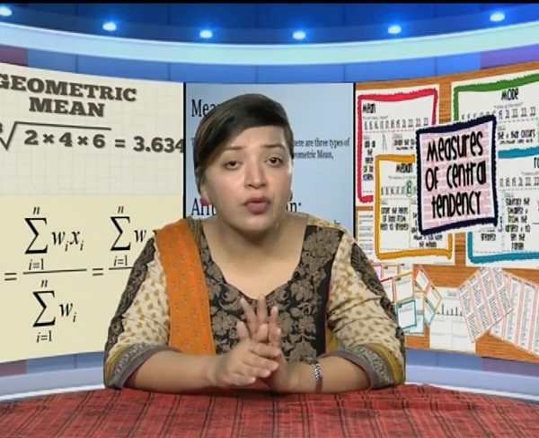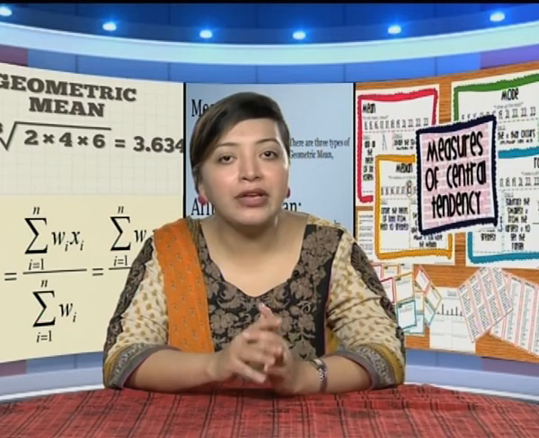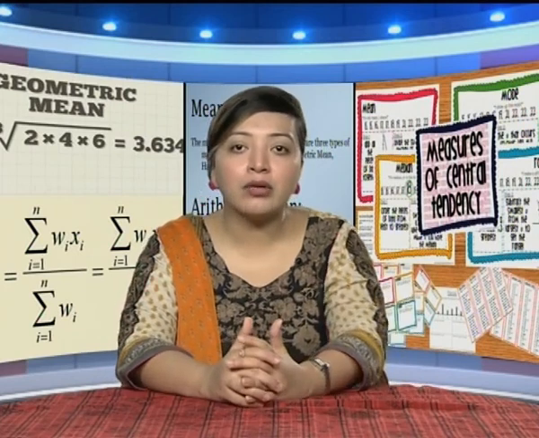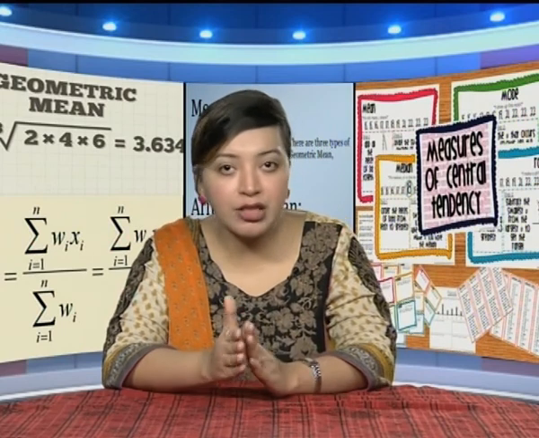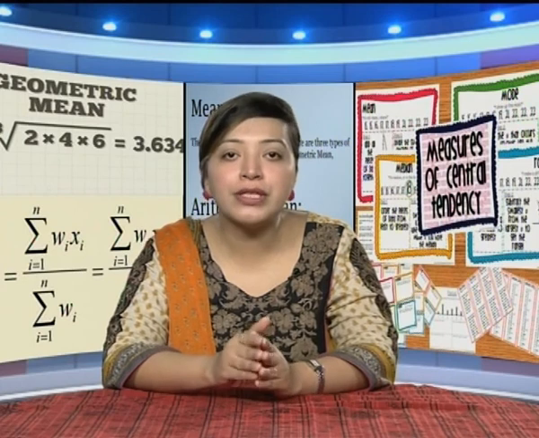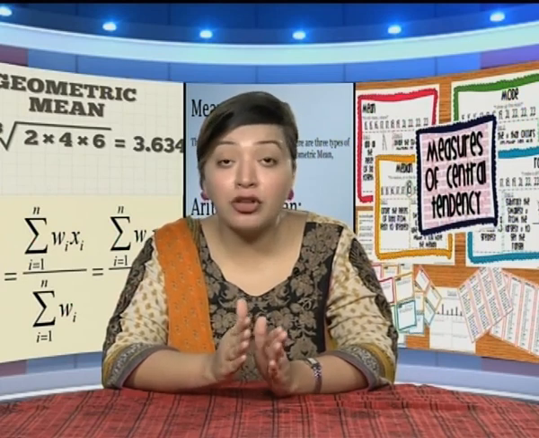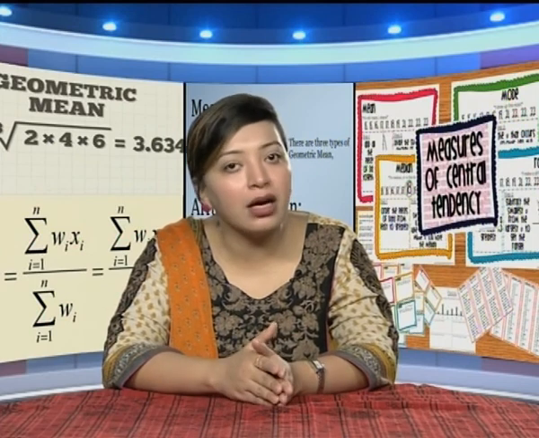Merits and demerits of all these kinds of averages have also been discussed in the session. We have also learned about calculation of these averages in case of individual series, discrete series and continuous series. Also, the session included the discussion on the relationship between these three averages: arithmetic, geometric and harmonic.